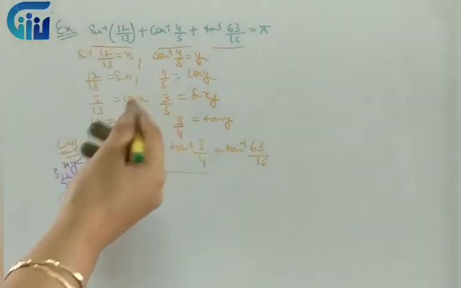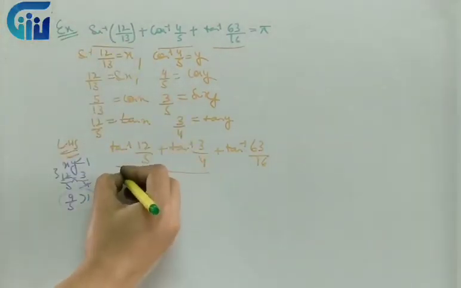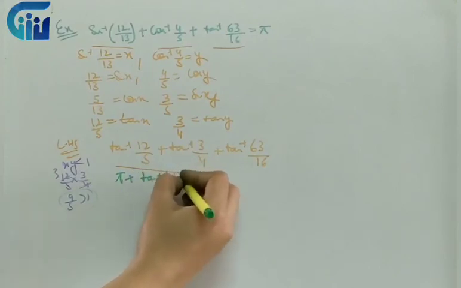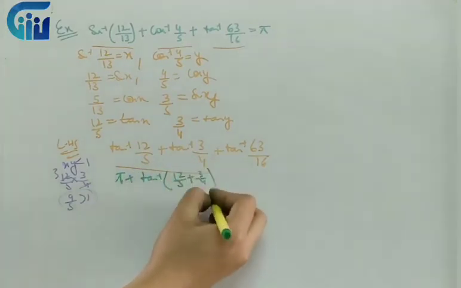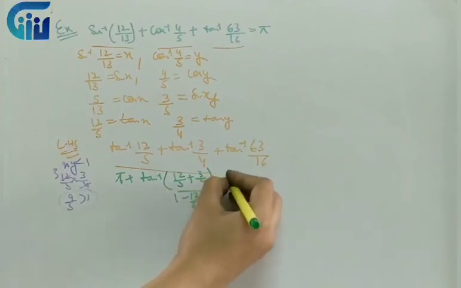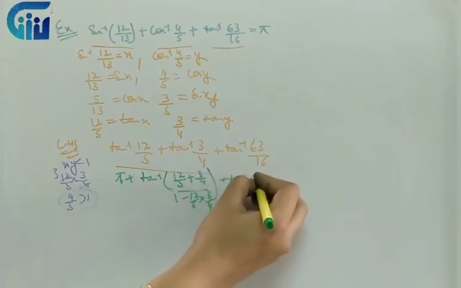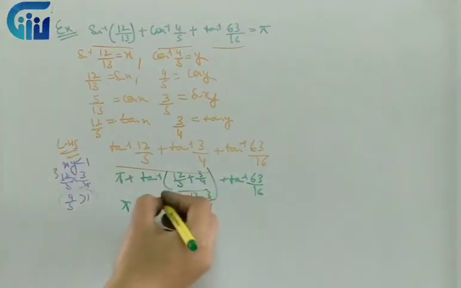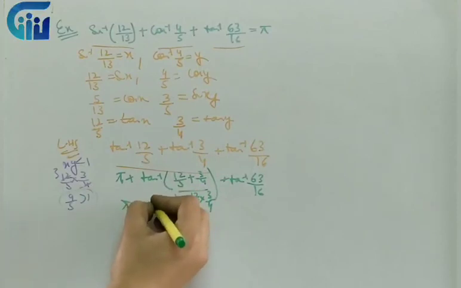So my formula, a very important point which you have to remember, here it will be pi plus tan inverse of (12 by 5 plus 3 by 4) upon (1 minus 12 by 5 into 3 by 4), and this tan inverse 63 by 16 will be as it is. So over here I will write it as pi plus tan inverse.